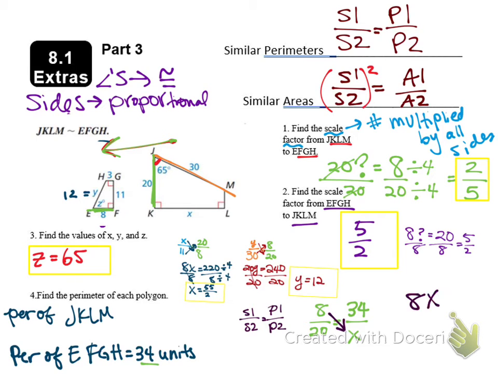Cross multiply, we get 8x equals 680. Divide by 8, and x equals 85. So the perimeter of JKLM is 85 units.